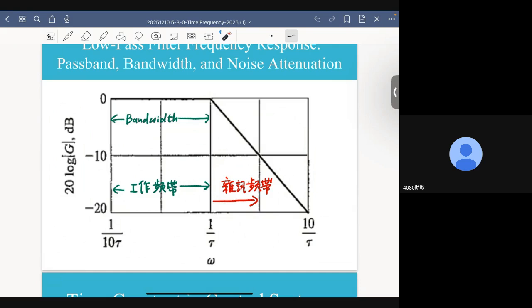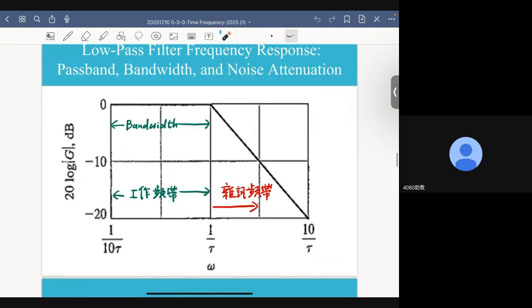Since we want to minimize the influences of the noises on the system, we don't want the system to magnify or to amplify the noise. On the contrary, we want to reduce the impact of these noises, all right?